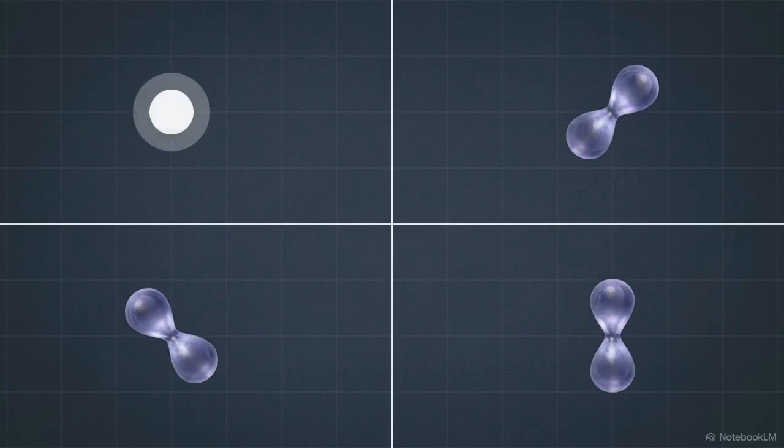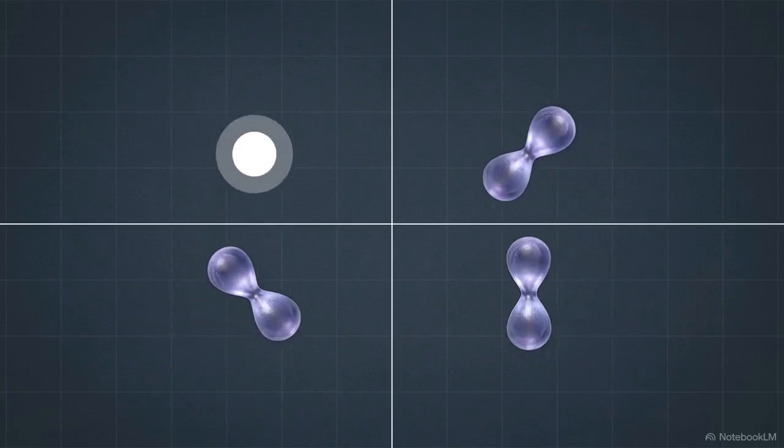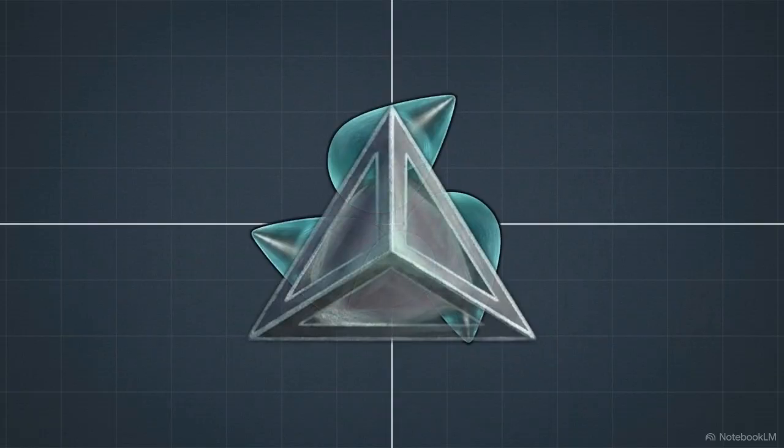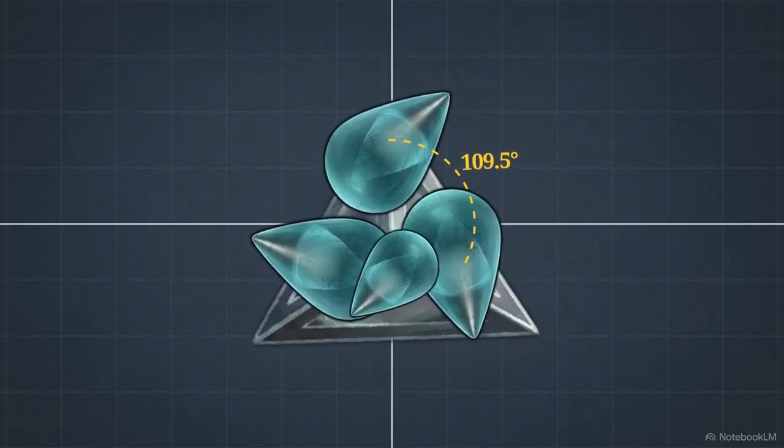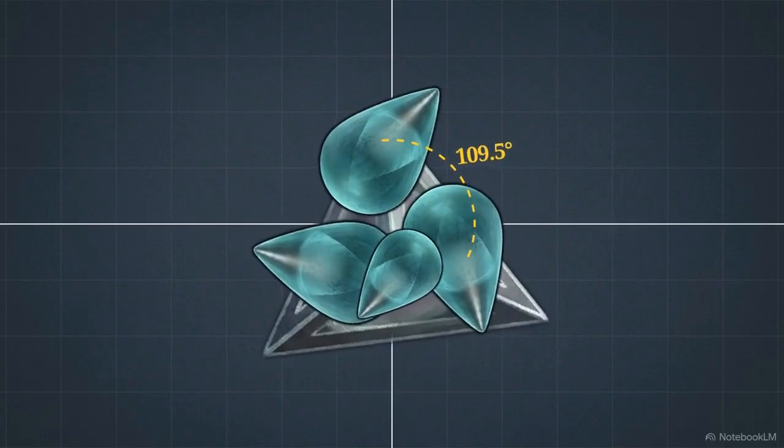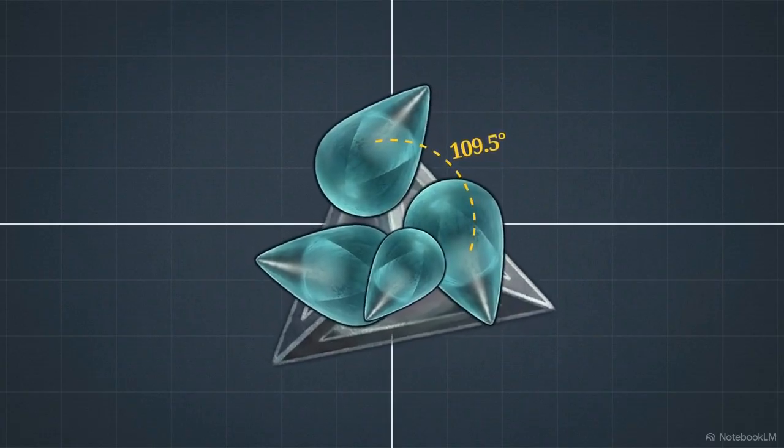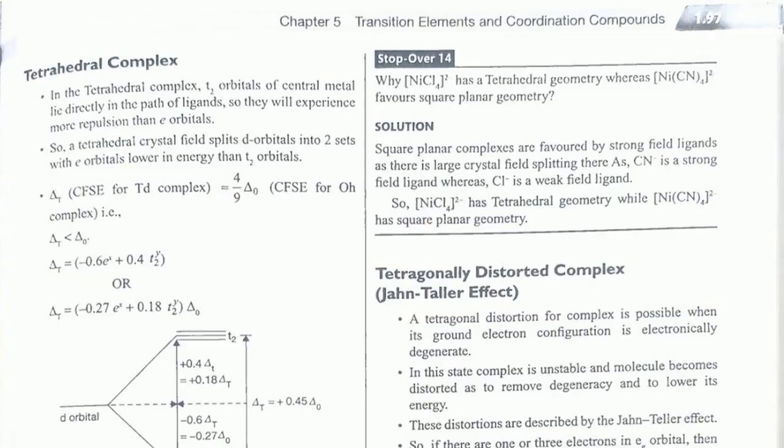Because the inner orbitals are occupied, the metal relies on 1 s and 3 p orbitals, resulting in sp3 hybridization. To minimize repulsion in 3D space, those 4 sp3 orbitals push away from each other at exactly 109.5 degrees, constructing a 3-dimensional tetrahedron. Swap the weak chloride for strong cyanide ligands, and the outcome completely changes.